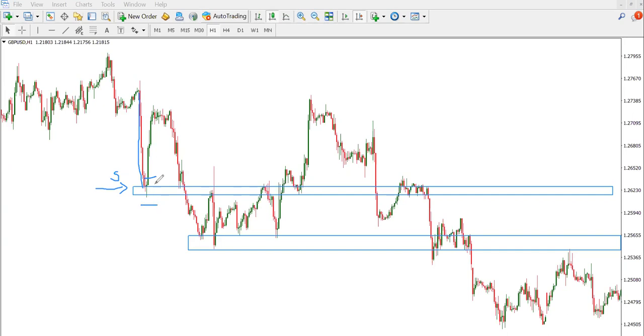We put our stop loss below, and we would target the previous area of support and resistance. That would be our entry. That would be our stop loss. And then that would be our take profits or exit level, buying at a support level.